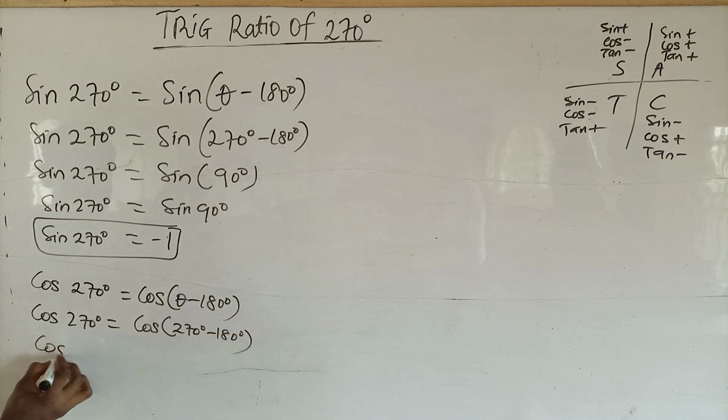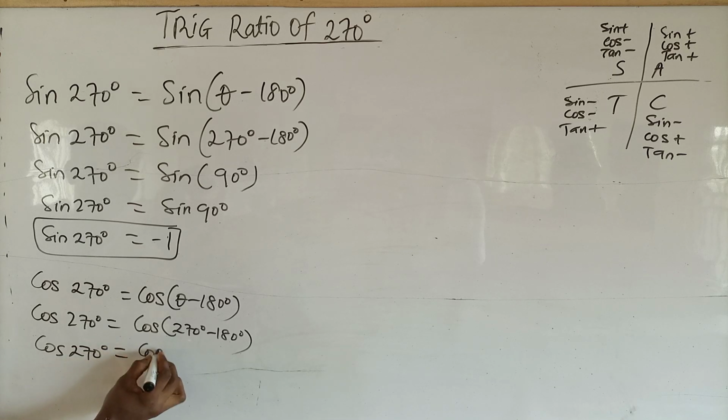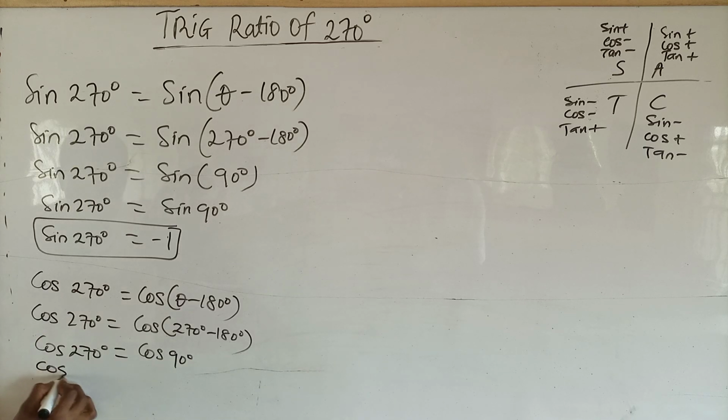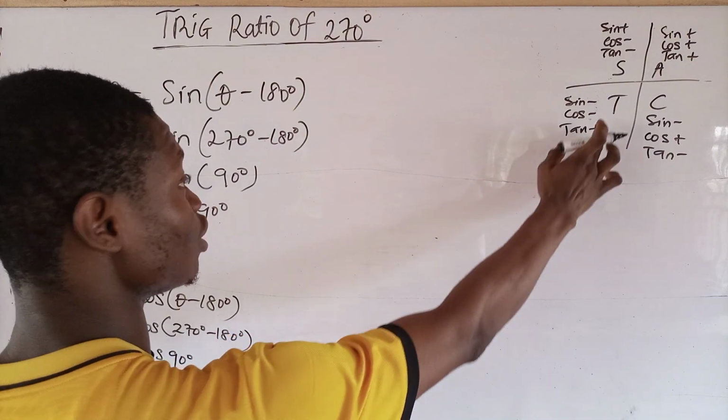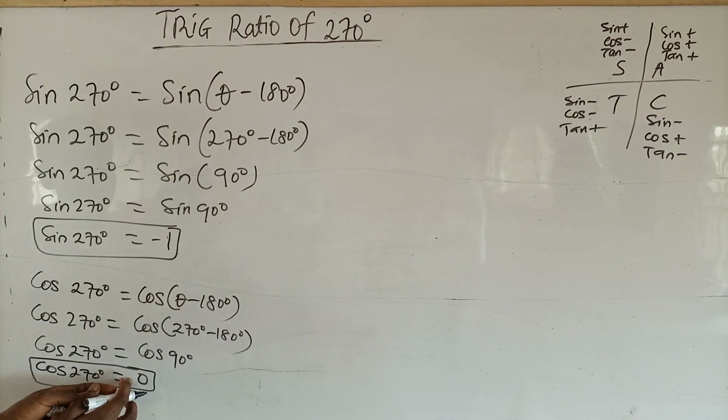So cos 270 degrees is equal to cos of 270 minus 180, which is 90 degrees. So cos 270 degrees is equal to cos 90, which is 0. So the value for cos 270 degrees is 0. In this quadrant, cos is negative. Putting minus 0 and 0, they are still the same thing.